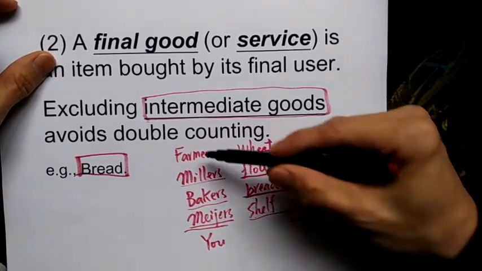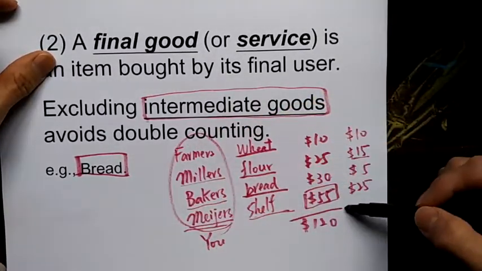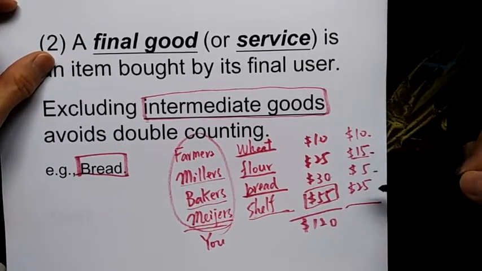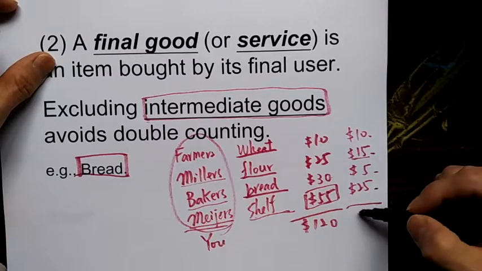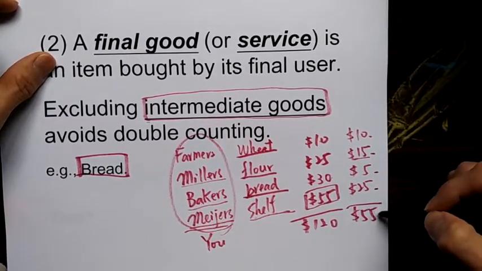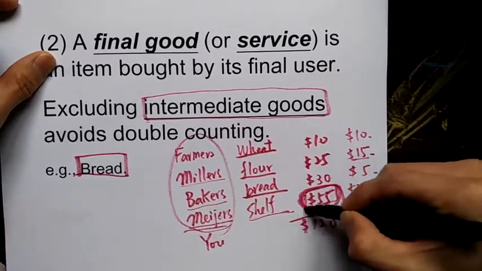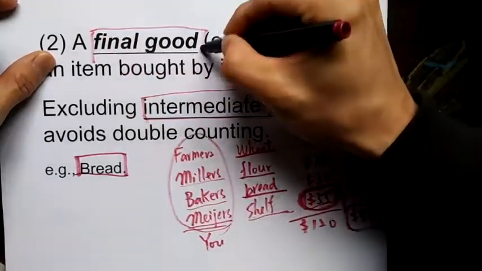So what is the total contribution of these guys in the economy? The answer is 10 plus 15 plus 5 plus 25. The answer is exactly 55, which is the value of the final goods.